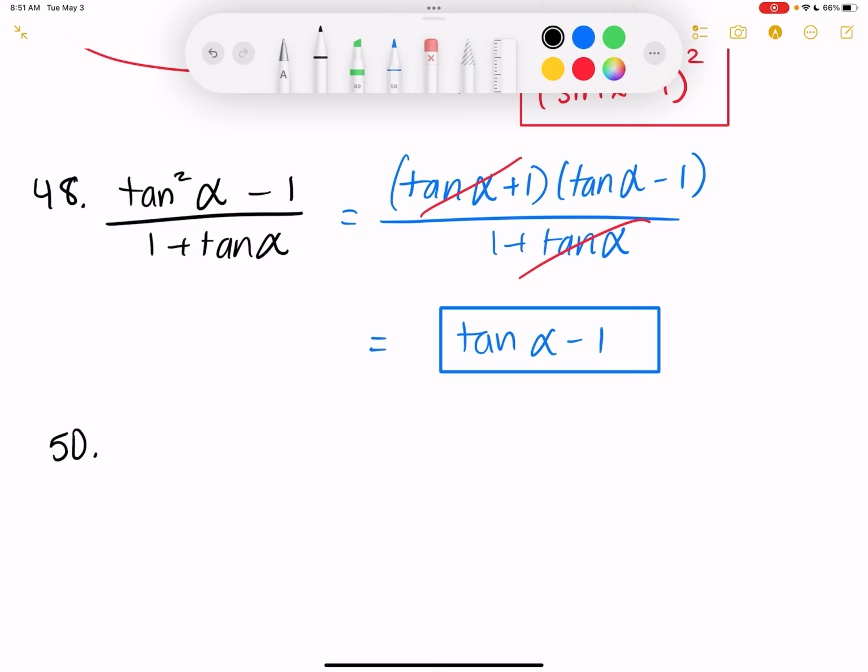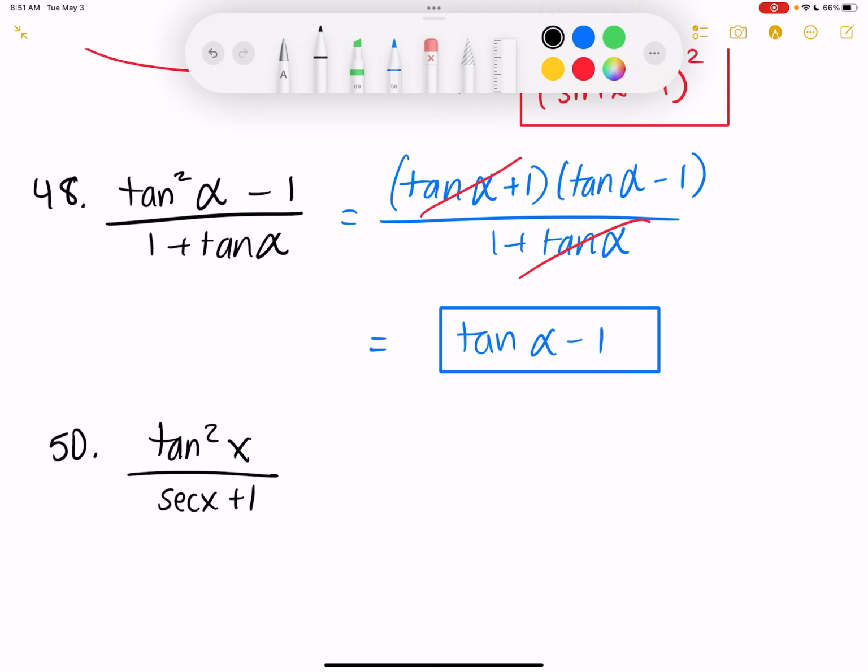So 50: tangent squared of x over secant of x plus 1. Is there anything here that can be written a different way that includes something else in the problem?